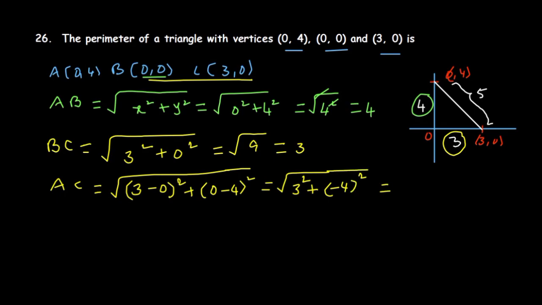So 3 square is 9 and 4 square is 16. So 9 plus 16 equals root 25, which is equal to 5. Okay, so now the perimeter of a triangle is the sum of the 3 sides.